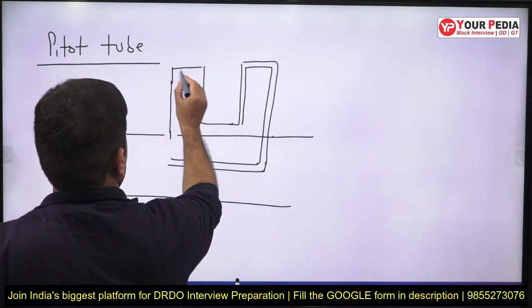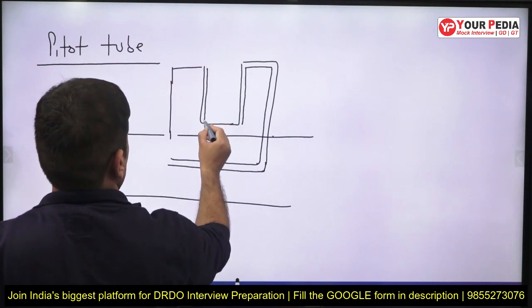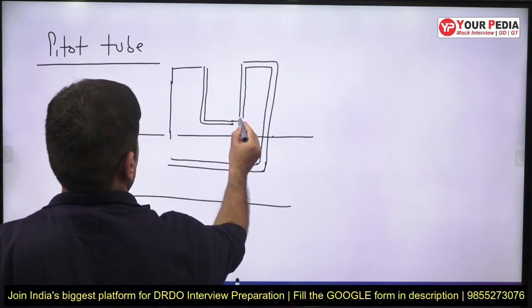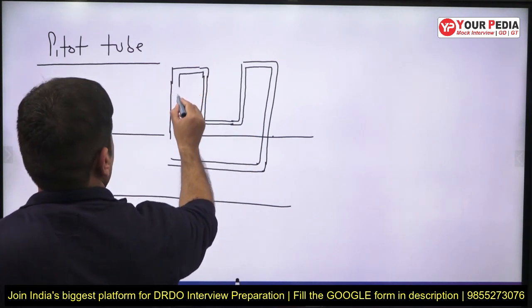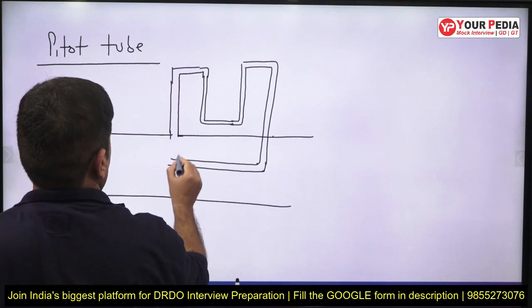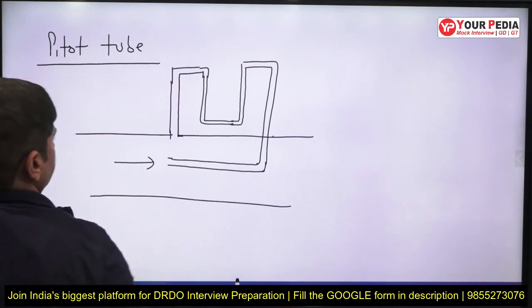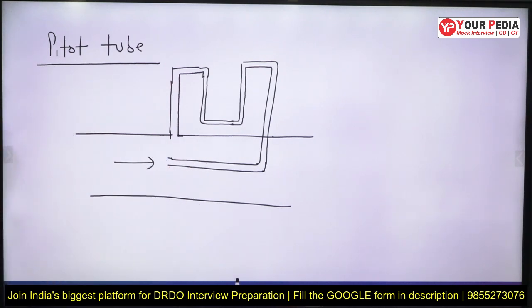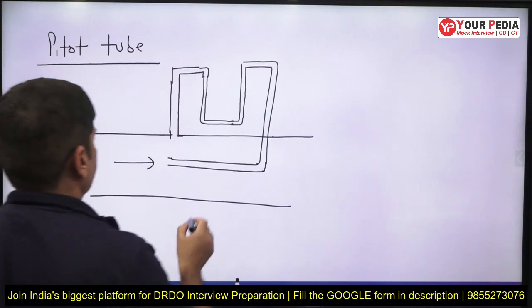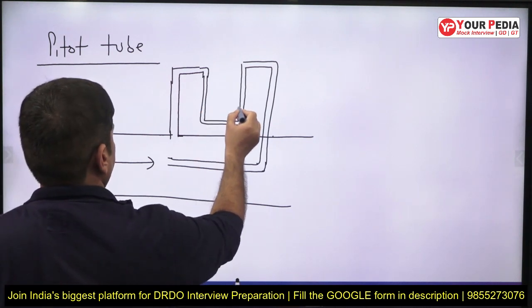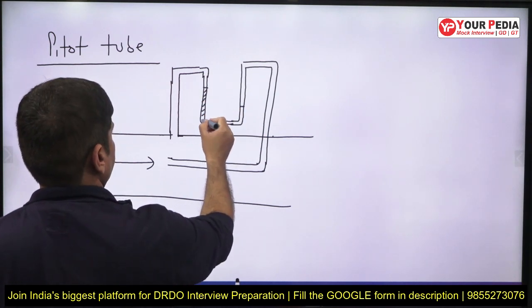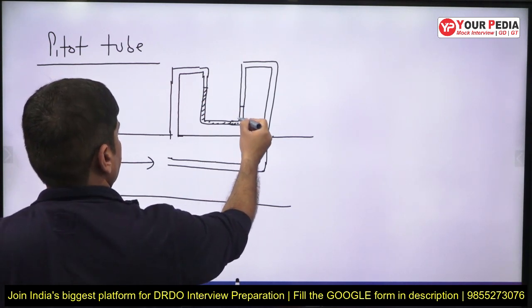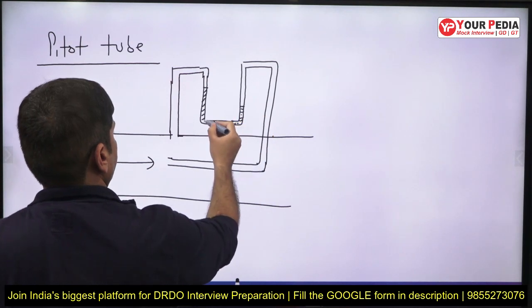This is typically how the pitot tube will look like. Let us say there is a fluid which is flowing, and there is a U-tube manometer. This is the U-tube manometer.